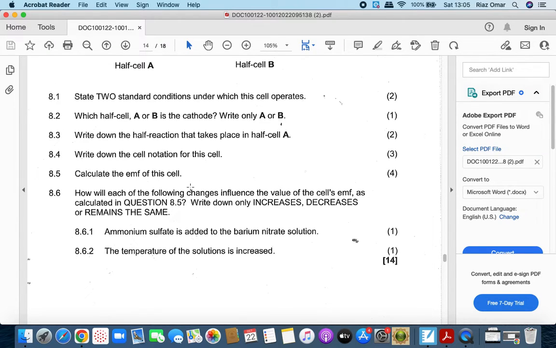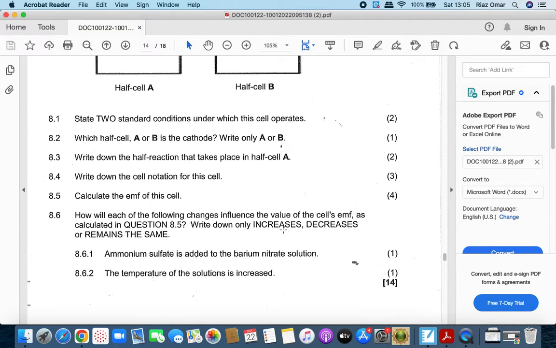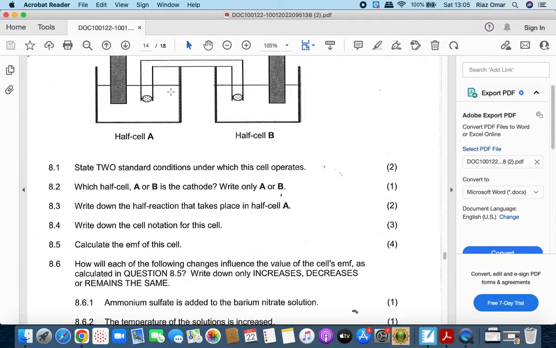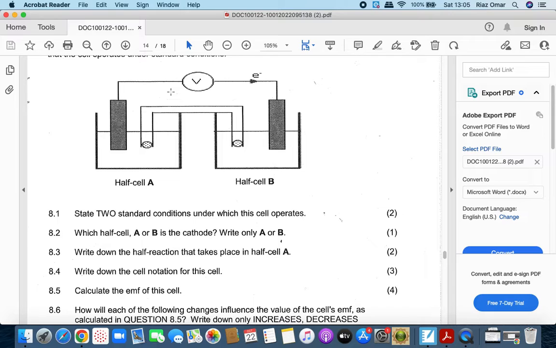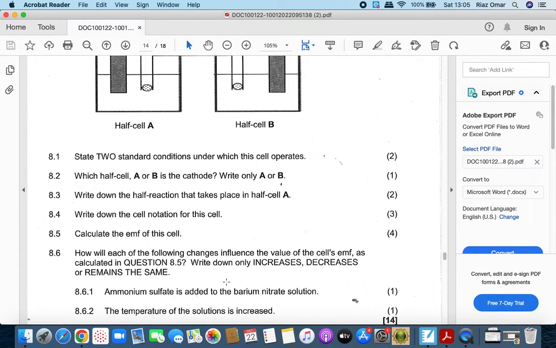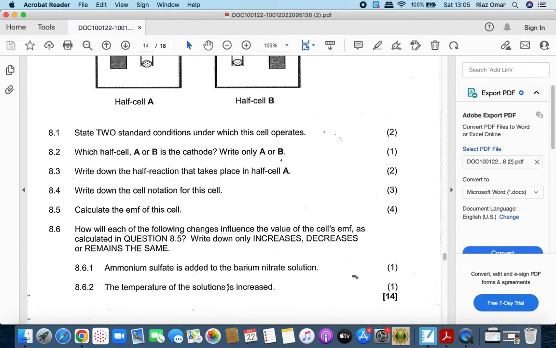How will each of the following changes influence the cell's EMF as calculated in 8.5? If you put ammonium sulfate in a barium nitrate solution, you're going to get barium sulfate as a product, and that's going to be a precipitate, and the precipitate basically will affect the concentrations of the half cell, so that will decrease the EMF of the cell.